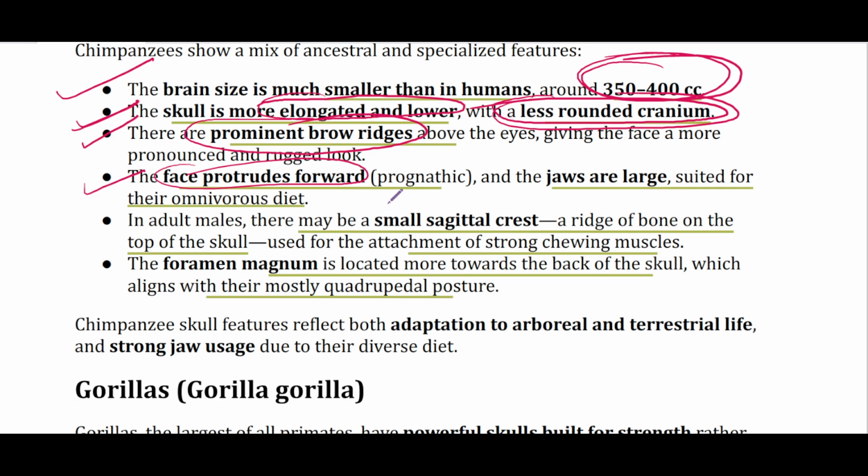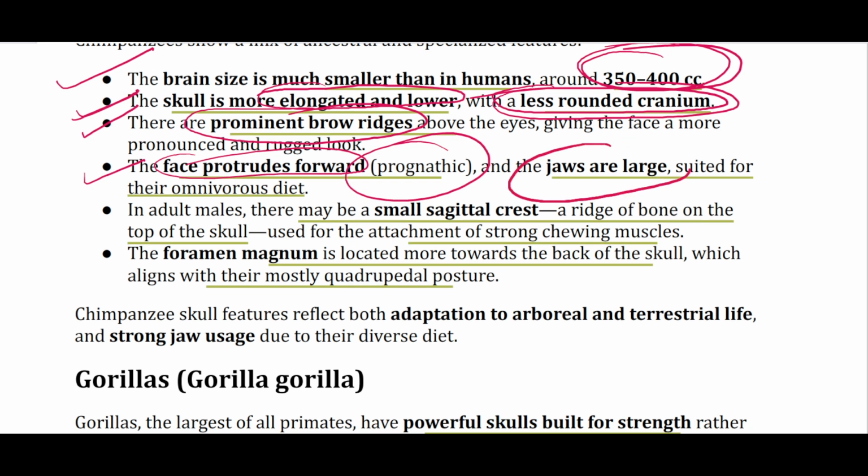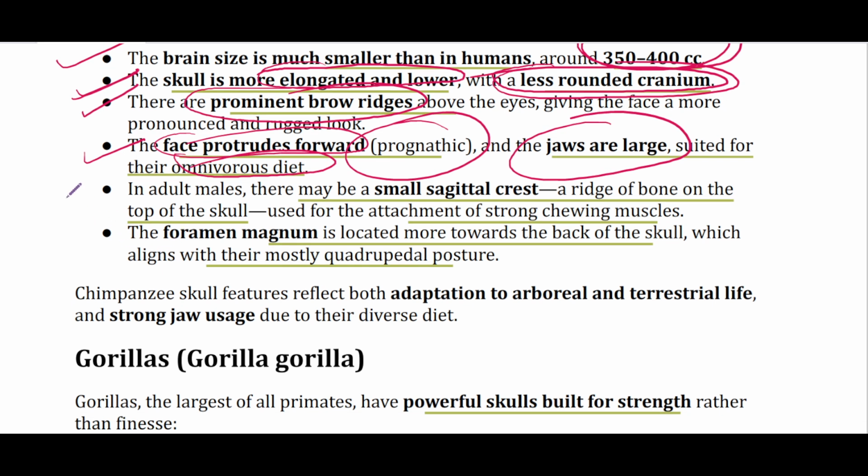That is called prognathic. And they have large jaws which are suitable for their omnivorous diet. And in adult males, there may be a small sagittal crest. Sagittal crest, जो skull के बीच में, on the top of the skull, a ridge of bone that runs along the center of the skull.